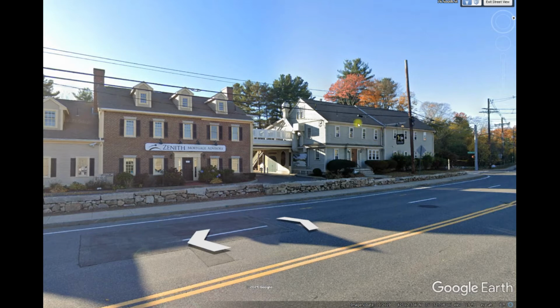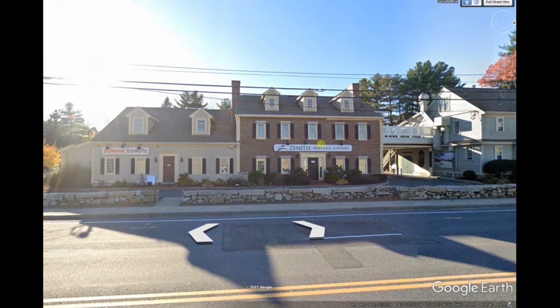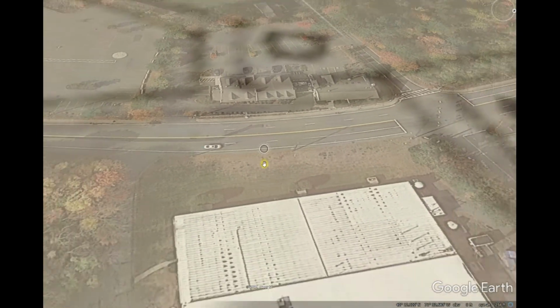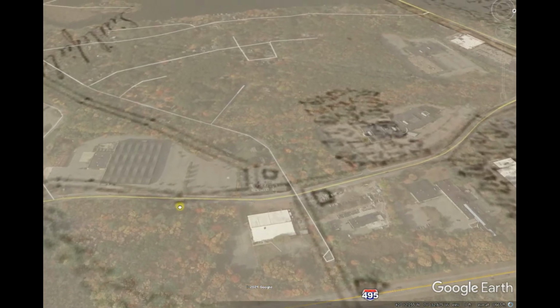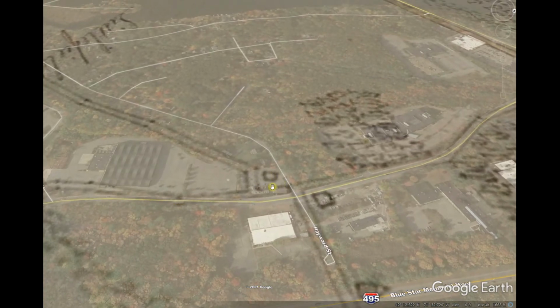It was added on to later on, this wing. But I think that this section of it is what we're looking at on that 1831 map. And that road came in right here beside that building, as you can see right here. So this would be where the Koi Sushi place is, and the road came in on the side of that.